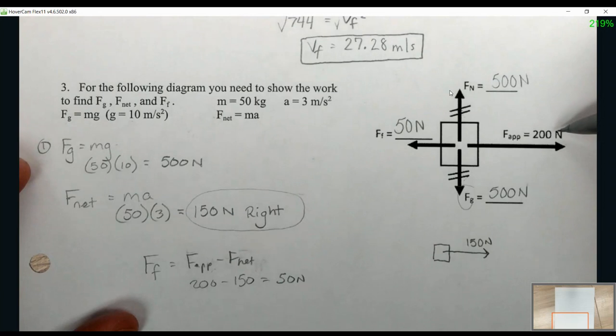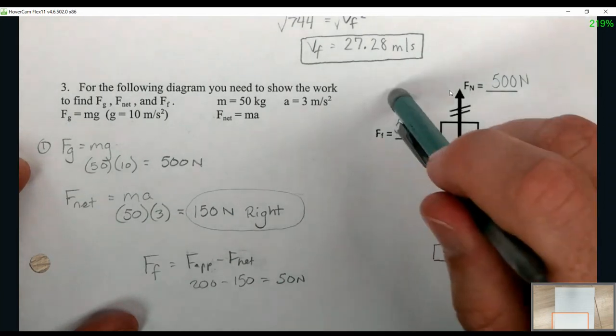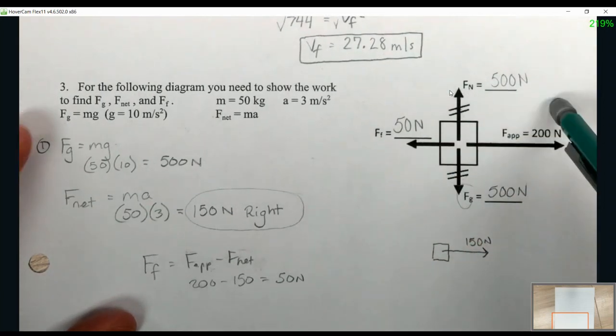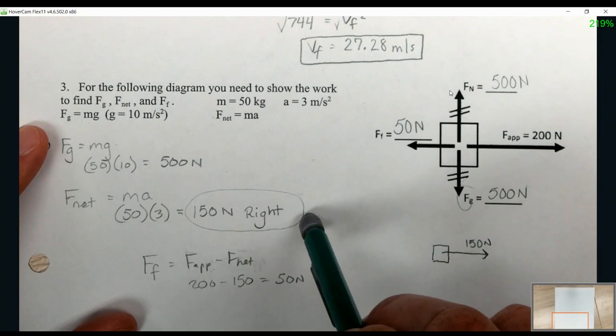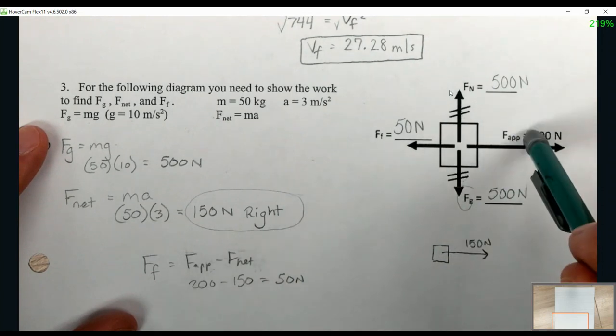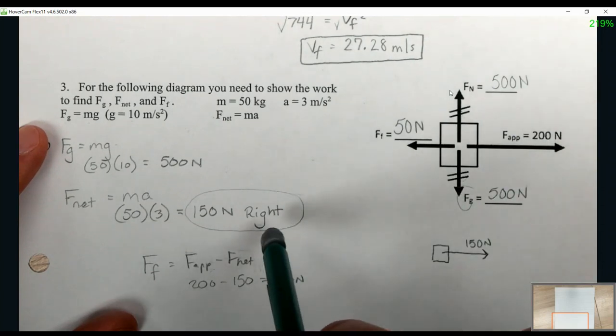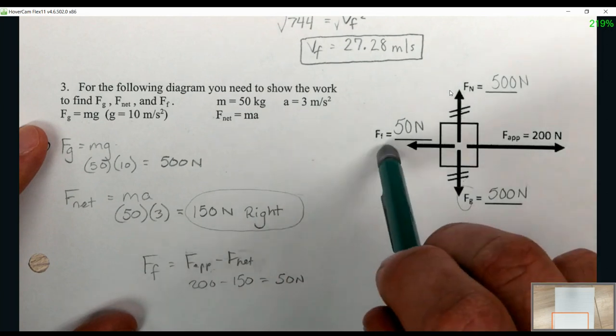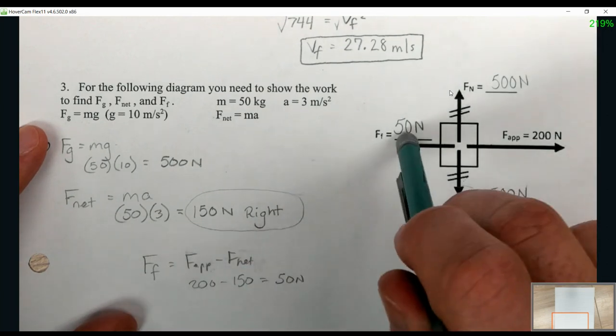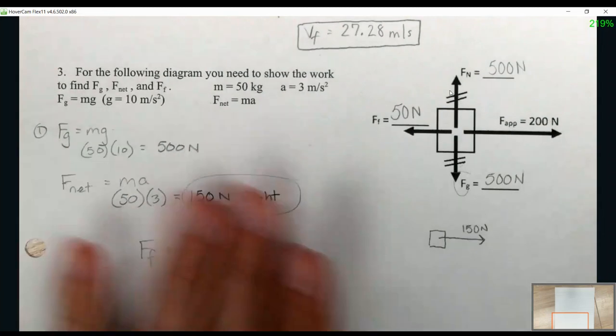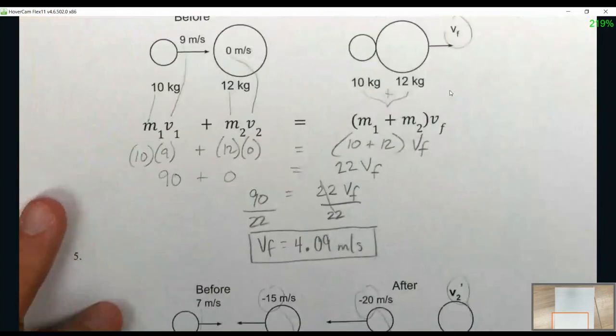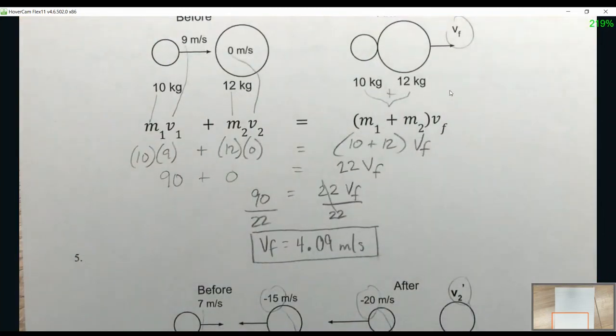Then you're going to subtract. What would this need to be in order to make this true? Well, that means that this rightward force needs to be 150 greater than whatever this was. So 200 minus 150 gives us a 50 Newton force there. And as we just went through the collisions.